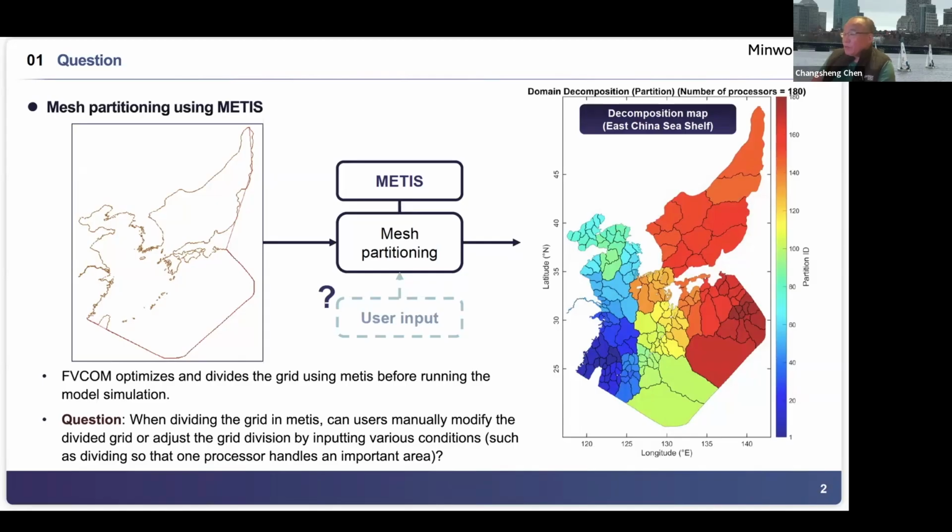You can input it, but you have to follow the format, making sure it is exactly the same format METIS uses. You can do that by yourself, but we don't have an option in the code to set it, whether you do it yourself or automatically. We don't have the option, but you can do that.